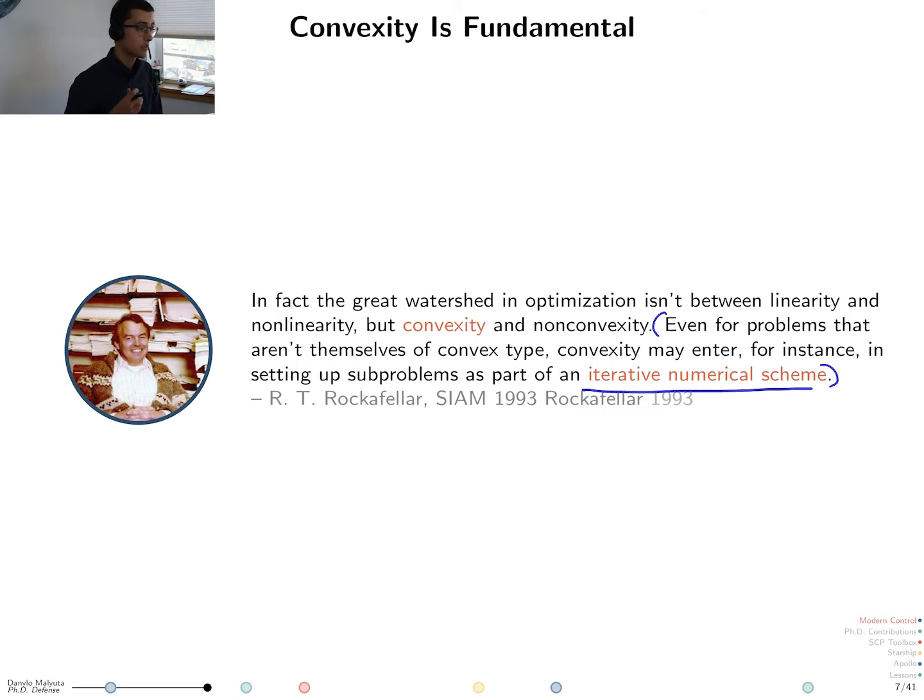So roughly speaking, convex problems are easy, non-convex ones can be pretty hard. Another part of that quote that's, I think, less quoted, but that is actually the most important for this thesis, is that even when problems are not convex, we can use convexity in order to design iterative schemes that can solve non-convex problems. And that was a giant part of study in my thesis.